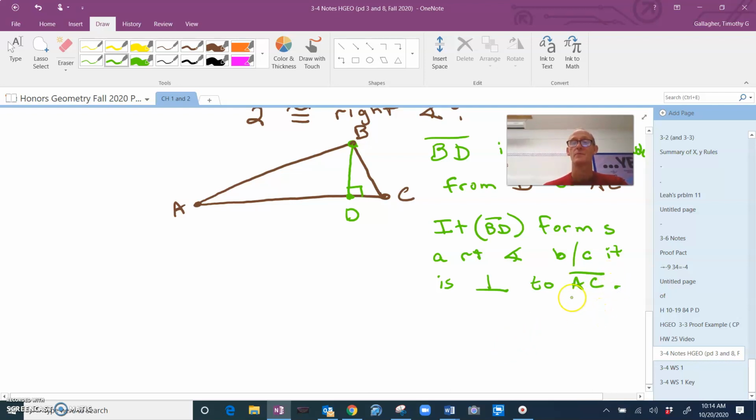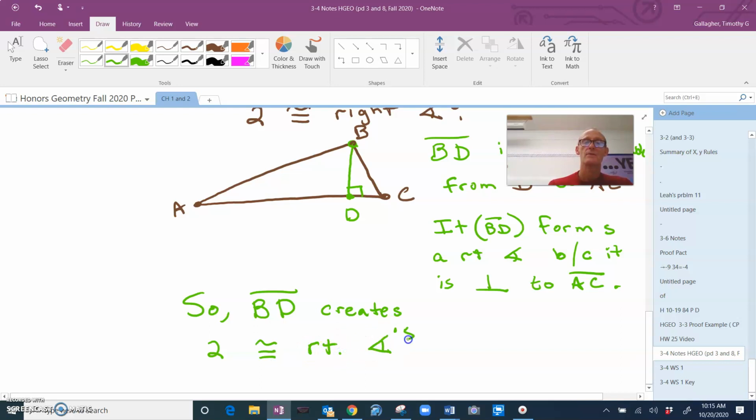So BD creates two congruent right angles. Those two right angles are here and here.